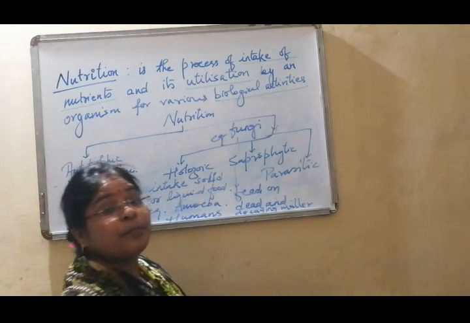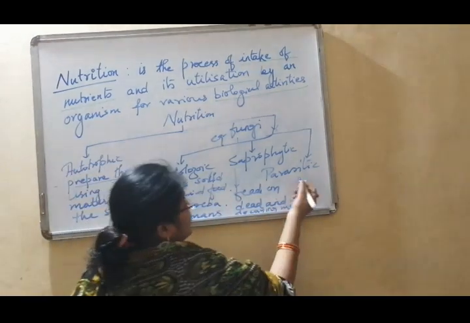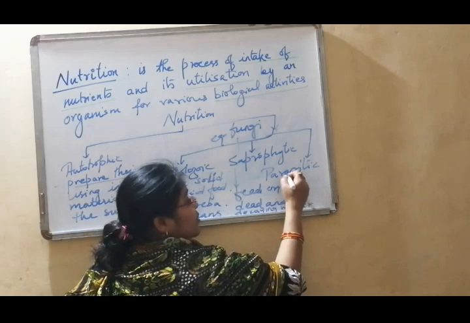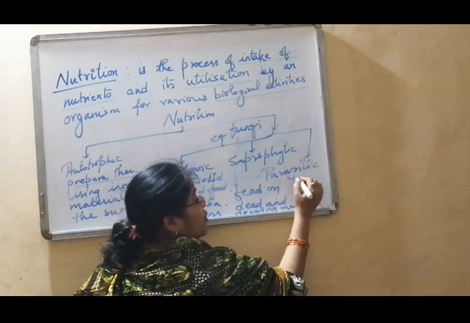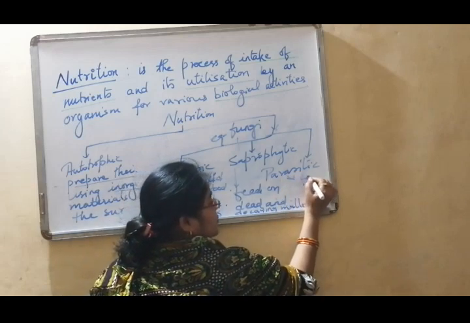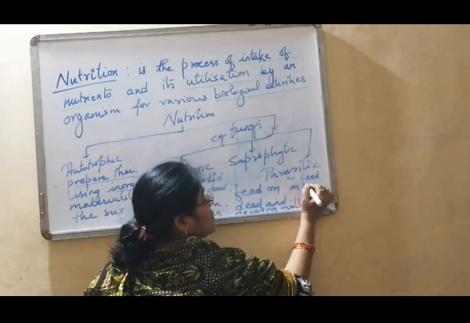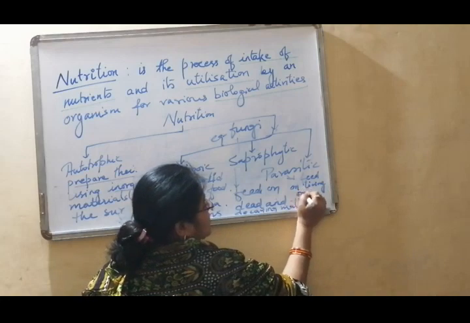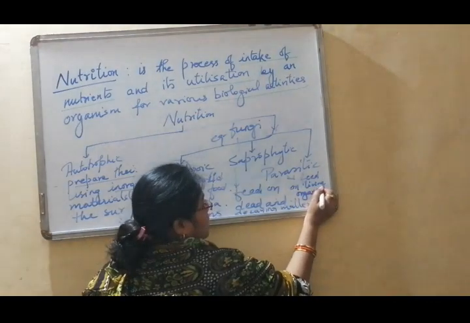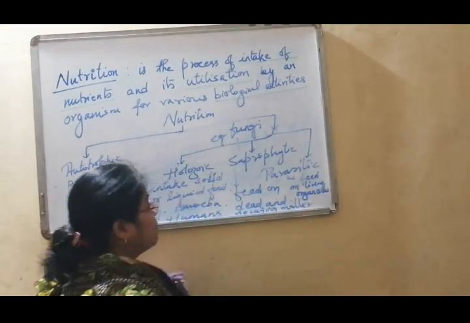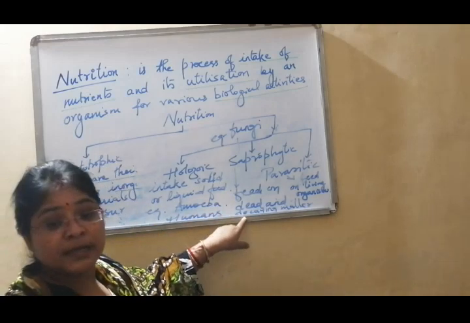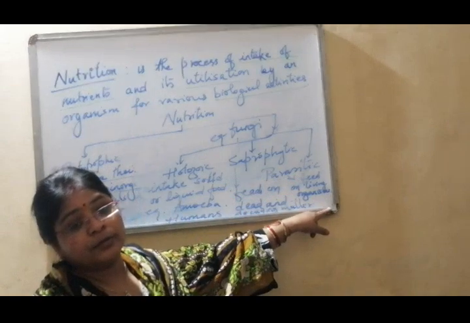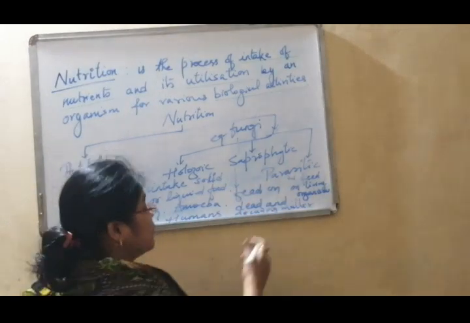Now if we look at parasites. Parasites are the organisms which derive their nutrition from living organisms. Saprotrophs feed on dead and decaying matter, okay? And parasites feed on living organisms. I hope all of you know various parasites.